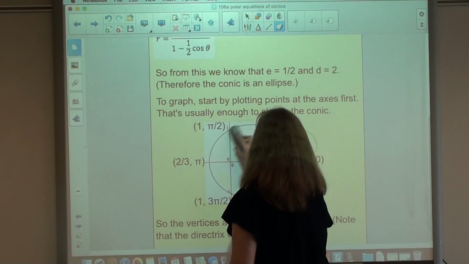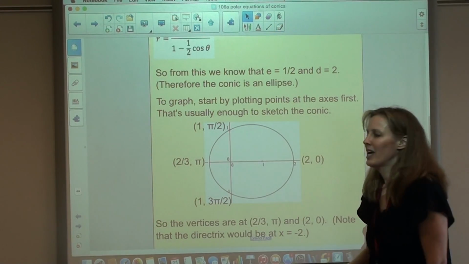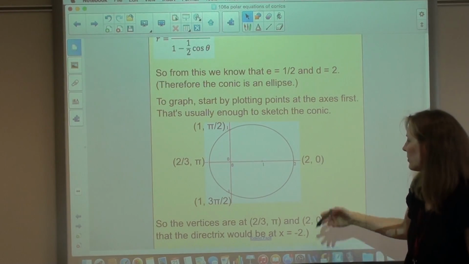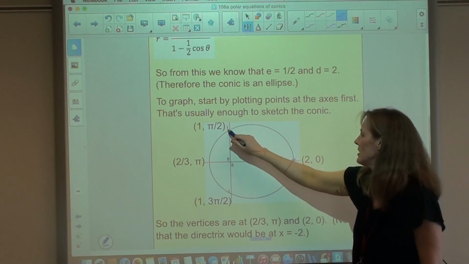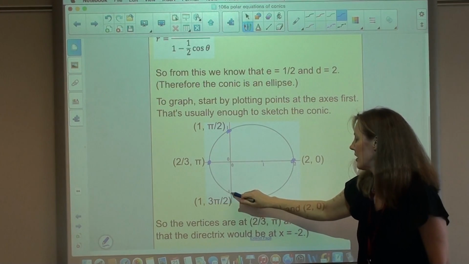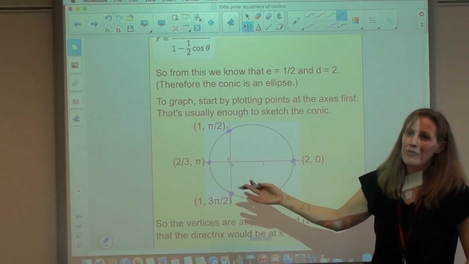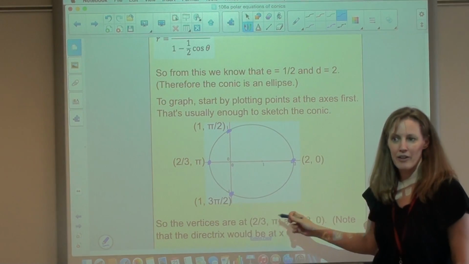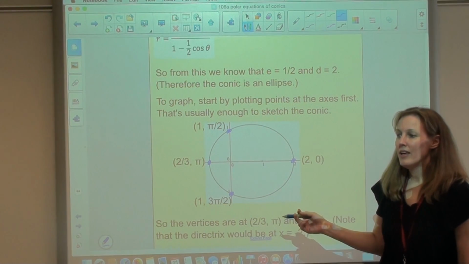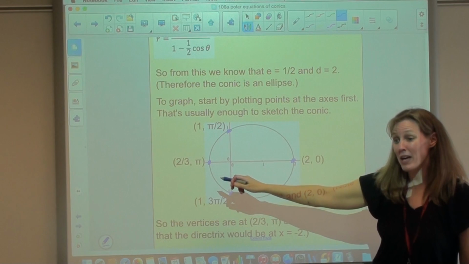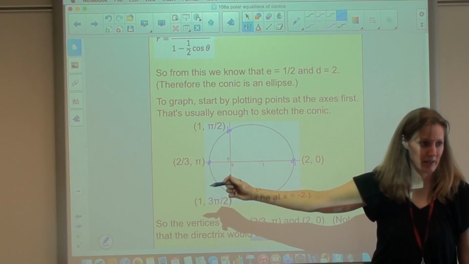Now, the final shape: when you plot your 4 points, you get this, this, this, and this. You can usually freehand a fairly decent ellipse out of those 4 points. But if you want a better ellipse, here's something to keep in mind.